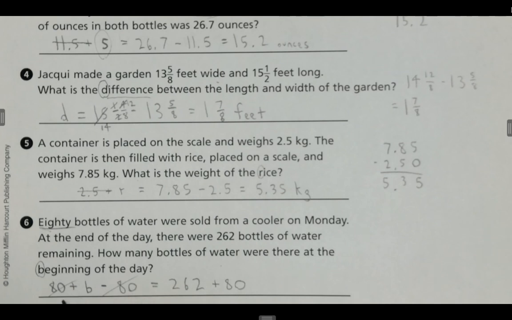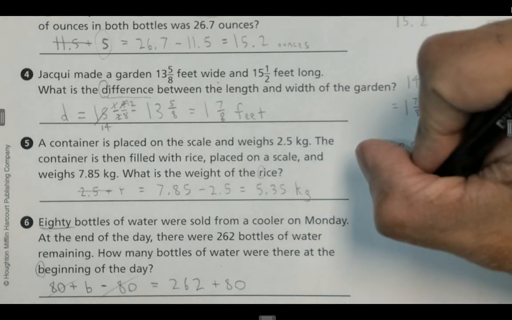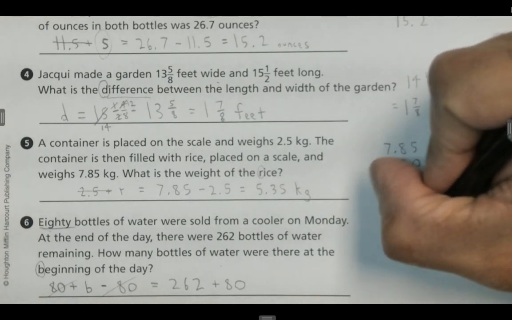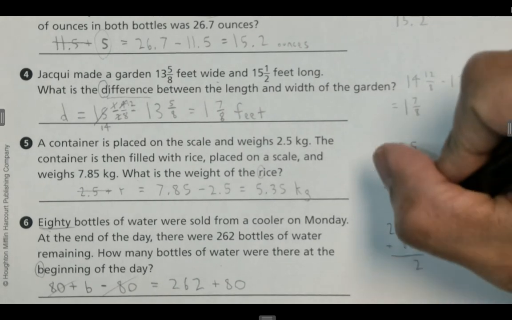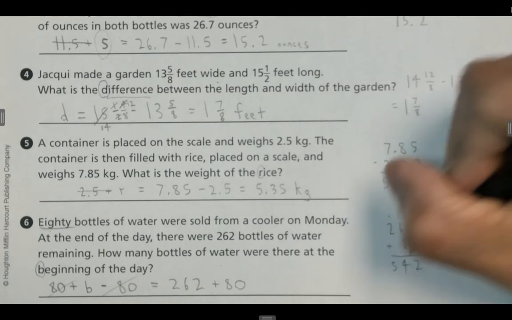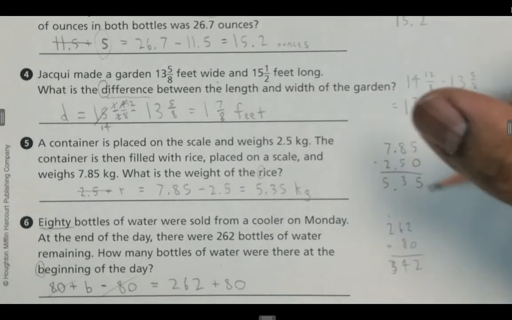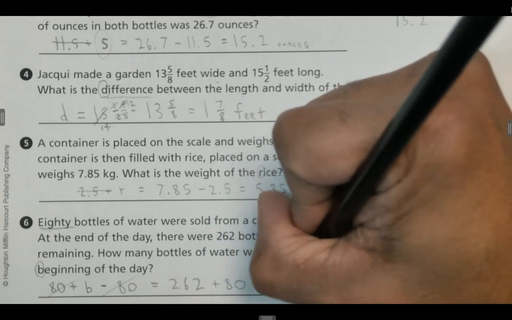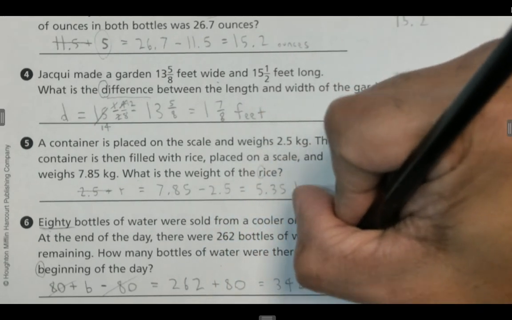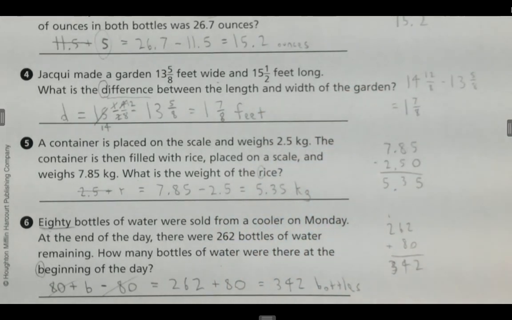We are simply adding 80, doing a plus 80, so we can clear this out. But if we do a plus 80 here, we've got to do a plus 80 over here. Now we can line this up and solve it. And we get 342 bottles were there at the start of the day.